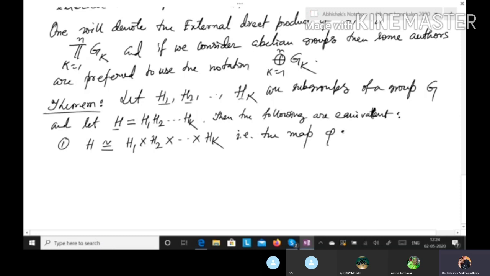The map phi colon H1 cross H2 cross Hk towards H by the rule phi of (h1, h2, hk) goes to their product.